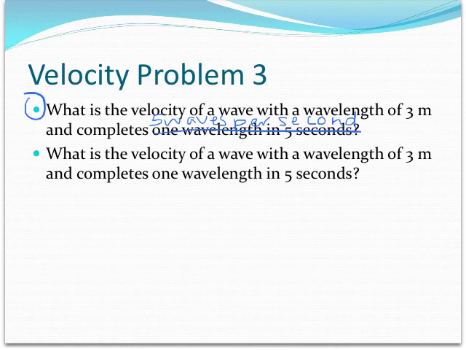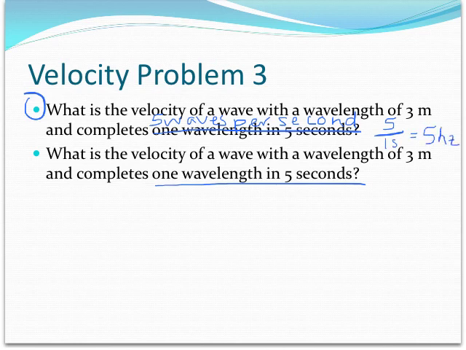So pretend that actually did match the last line. Notice the difference. What I wanted you to zone in on is the difference between these two statements. So we have a velocity of a wave that has a wavelength of 3 meters, and it completes 5 waves per second. 5 waves, so that's going to be 5 over 1 second, which is 5 hertz.